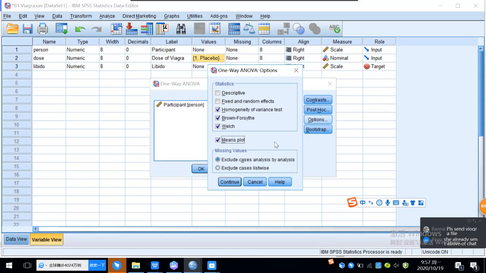Here, if you have missing values, then exclude cases analysis by analysis. Okay, so it's default, we just keep it. Then continue.